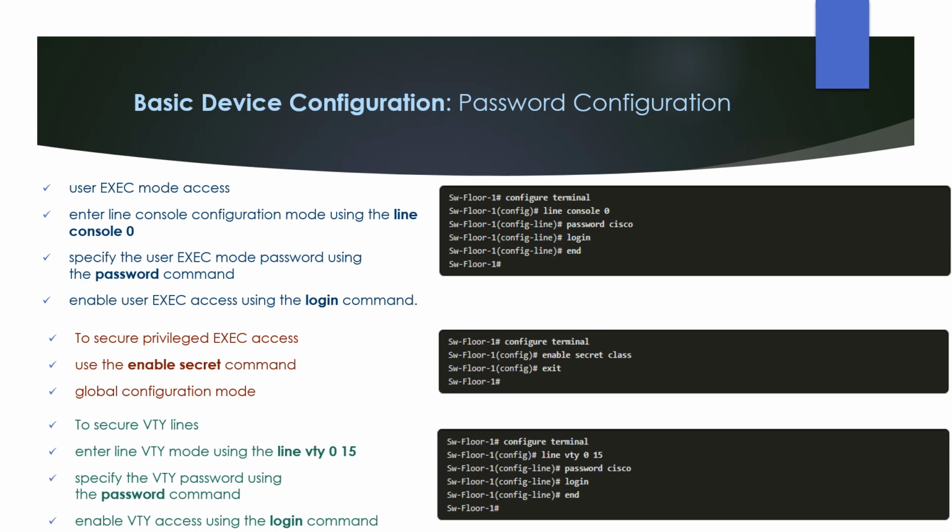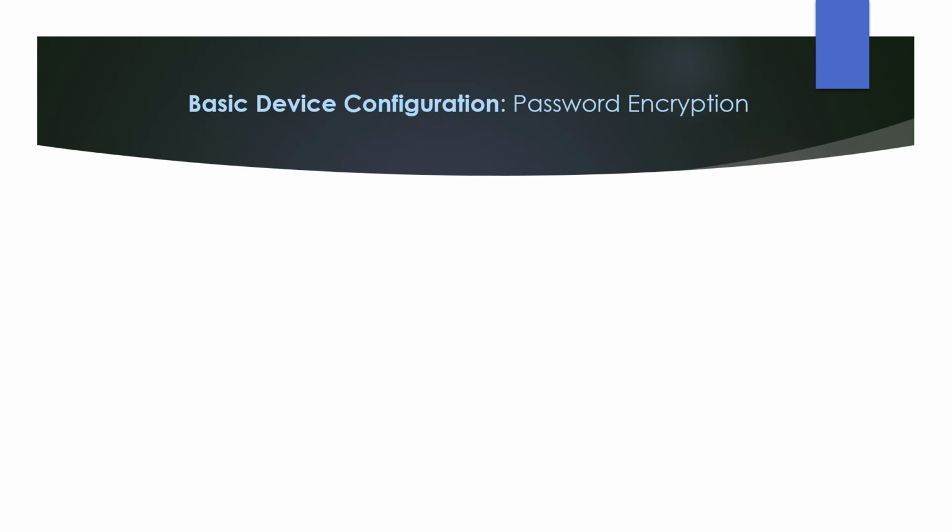But it is very important to encrypt the password. The startup configuration and the running configuration files display most passwords in plain text. This is a security threat because anyone can discover the password if they have access to these files.